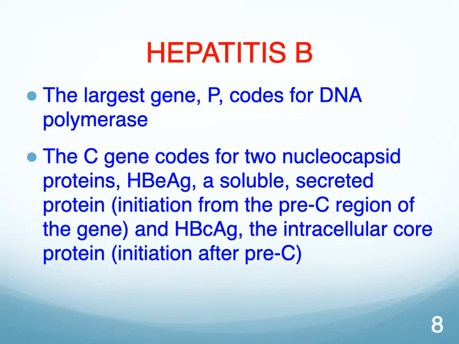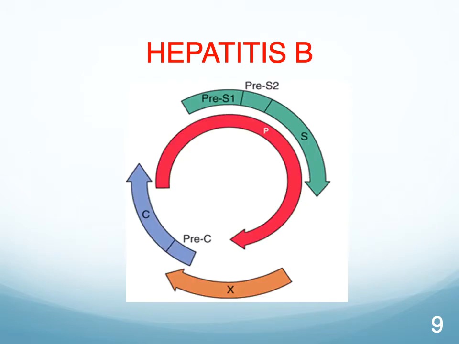Meaning, the C gene has two codes, the pre-C region or the E antigen and the intracellular core protein or the C antigen. Here is the representation of it.